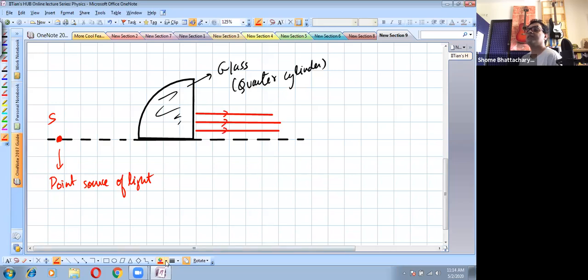So if this has a radius, let's say r, and this is kept at a distance x.